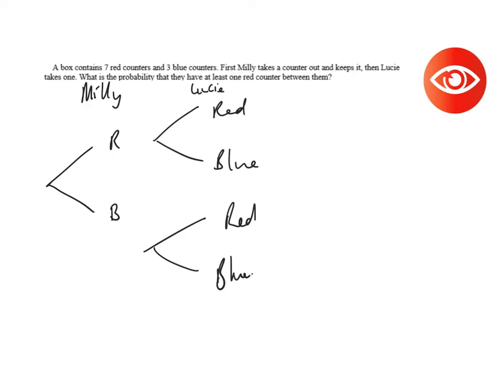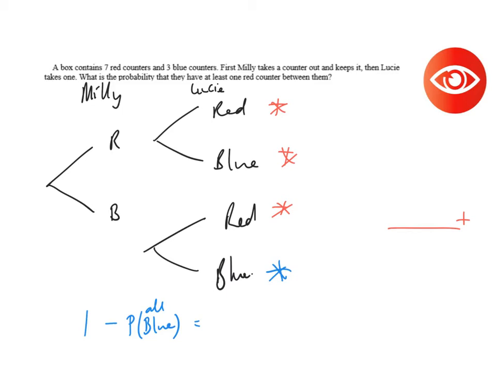And then we want at least one red counter. So that means that I'm going to work out those 3, and then I could add them together, or I could work out the last one and then do 1 take away the probability of all being blue. Okay, so I'll do it both ways and then you can see.